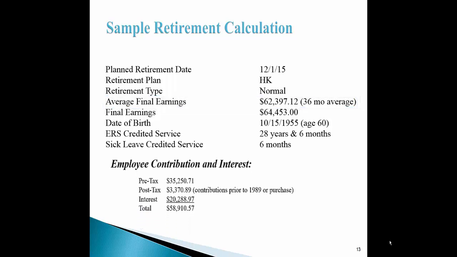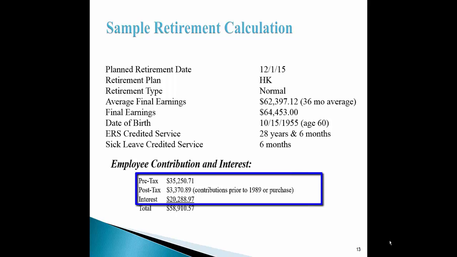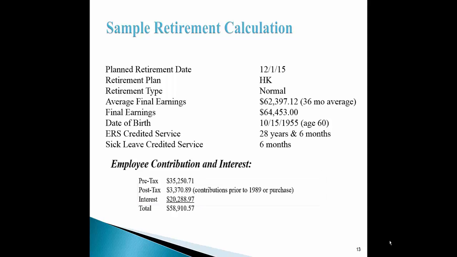Also shown on this slide are the employee's pre-tax and post-tax contributions and the interest that has been earned on those contributions. We will refer to the total of $58,910.57 in regard to possible benefits payable to a beneficiary should you pass away.